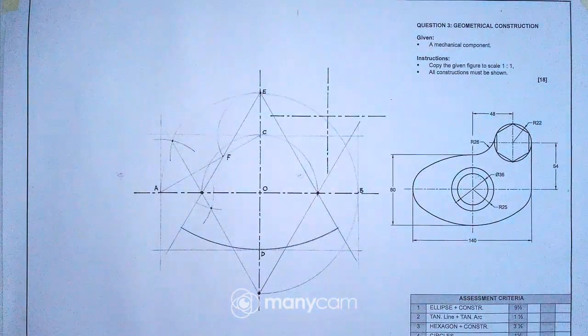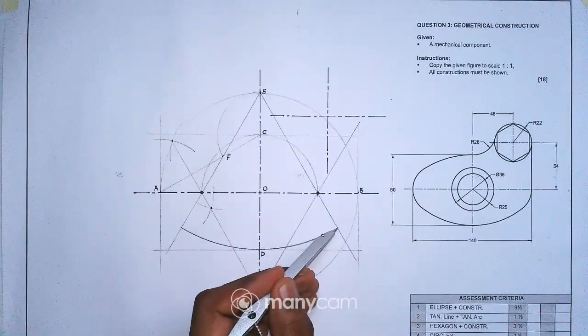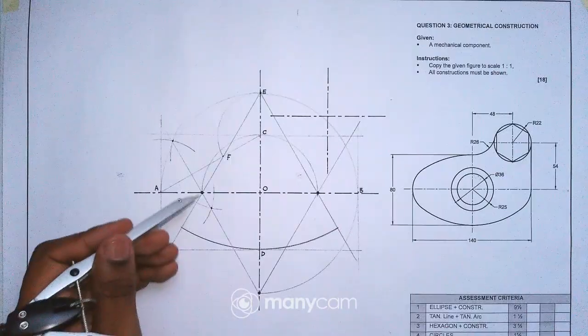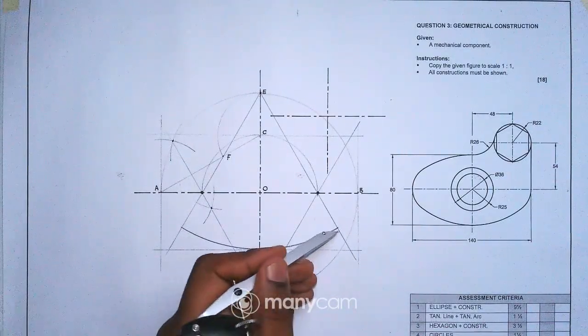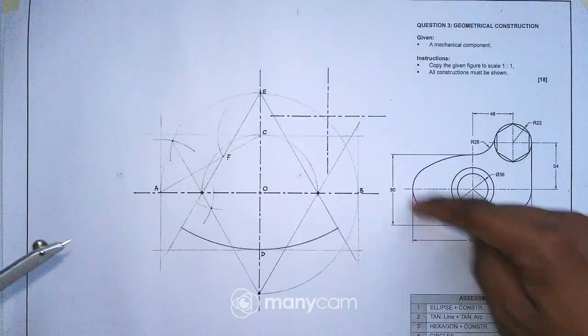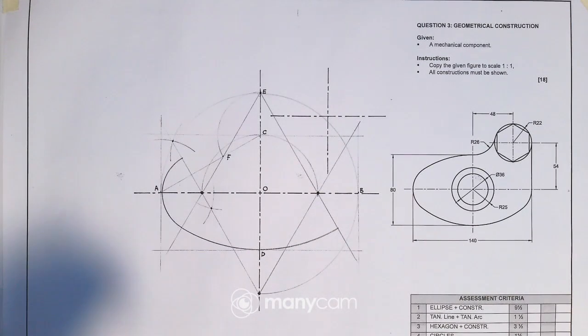So the arc is from this line to this line, so you can't just overlap this line. Make sure you start on this line and you end at that line. So now I have that arc there.